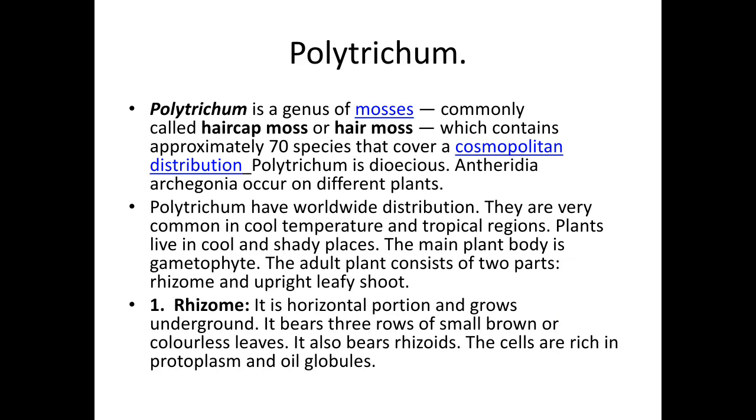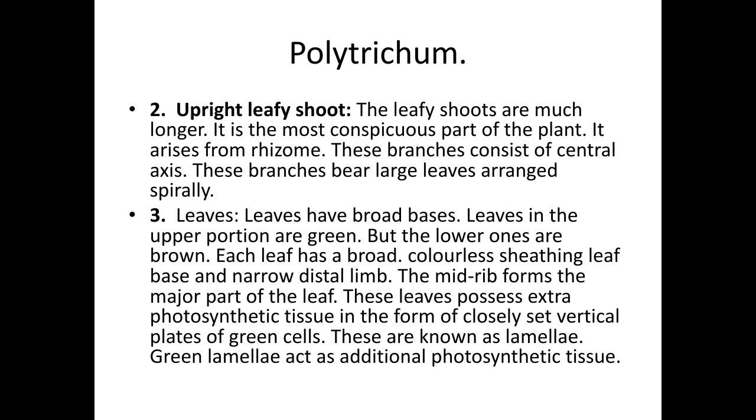Rhizome is the horizontal portion and it grows underground. It bears three rows of small brown or colorless leaves. It also bears rhizoids. The cells are rich in protoplasm and oil globules.